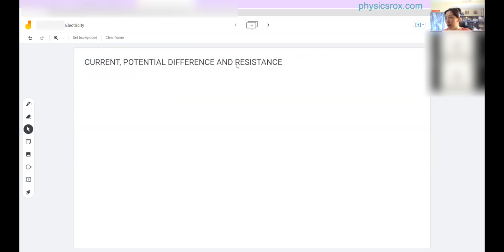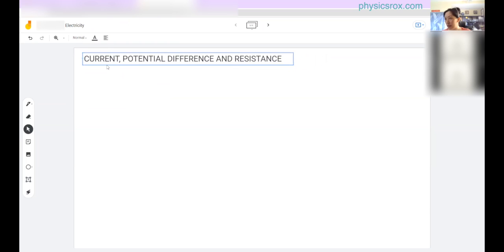Okay. Are all of you clear about the difference between these three? Or is there anyone who is still confused?